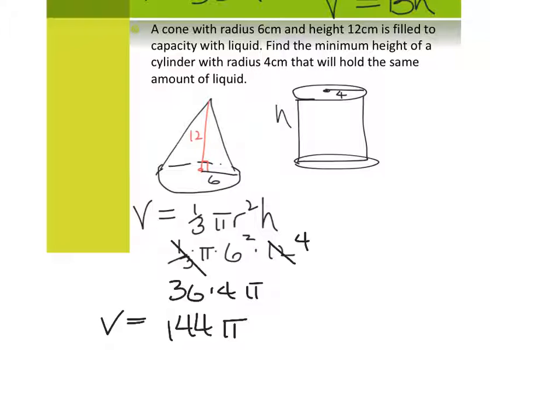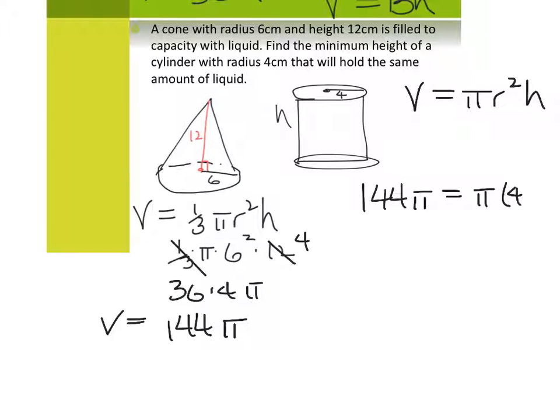Now I'm going to use this formula, pi r squared height, and instead I'm going to put V, I'm going to set it equal to 144 pi. Put in the pi, my radius is 4, and my height is unknown. So 144 pi is equal to 16 pi height.